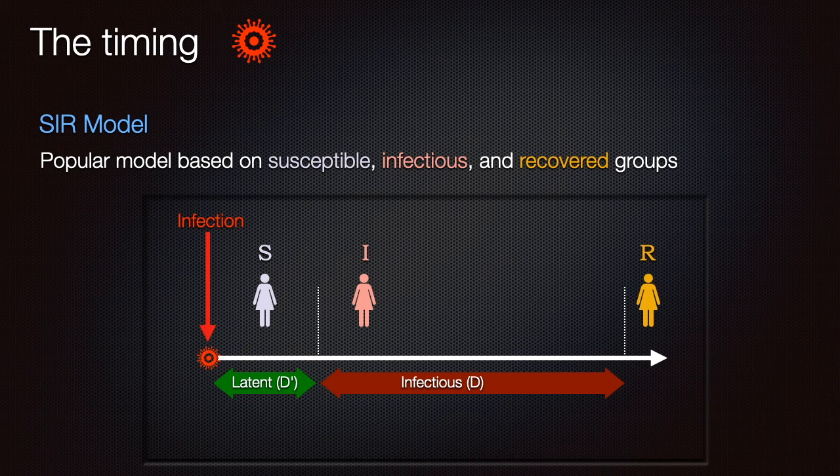Susceptible being someone who can contract the disease. They have no immunity against it. Infected, or infectious, being someone who has the disease currently, whether they're pre-symptomatic, asymptomatic, or showing symptoms. And recovered is the group of people that have had the disease and recovered, so they have some level of immunity to that disease.